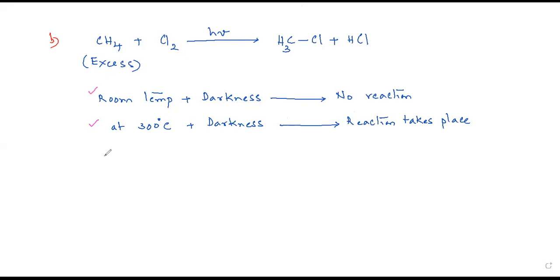Then using peroxide and at 100 degrees centigrade, even this is okay because you are using the chain initiators, I mean peroxides, and you are also using a higher temperature of about 100 degrees centigrade. Even in this case also, reaction occurs.